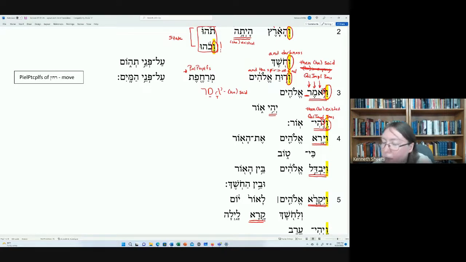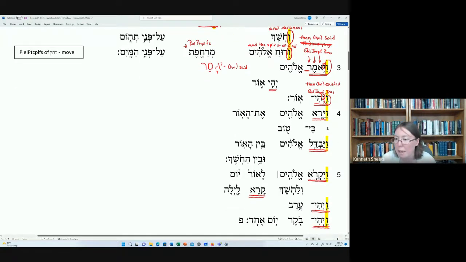Then notice as we come on down here a little bit further, now we have vayar. Again, here's my vav consecutive, vav with the patach followed by the dagesh forte. The dagesh forte goes inside of the imperfect preformative. Here is the yod of the imperfect preformative, which we know is third masculine. No U class vowel, so it must be singular.